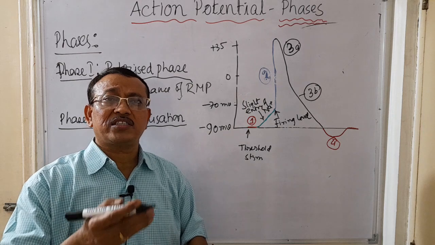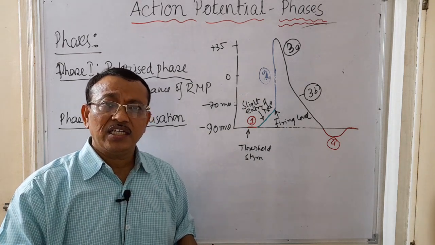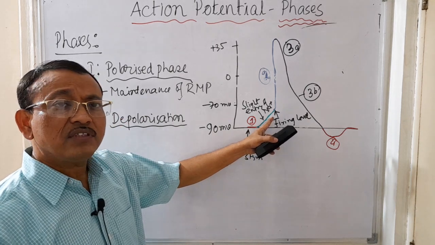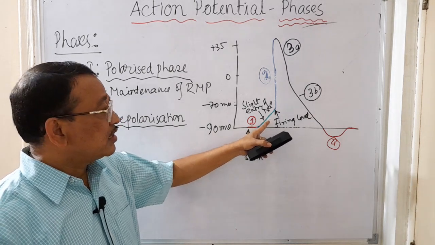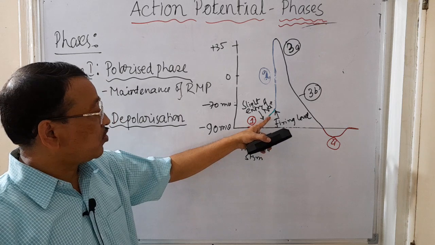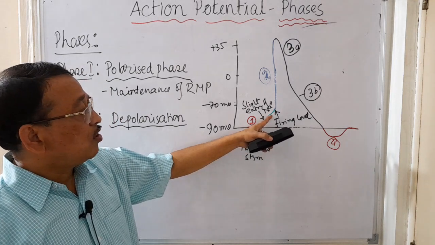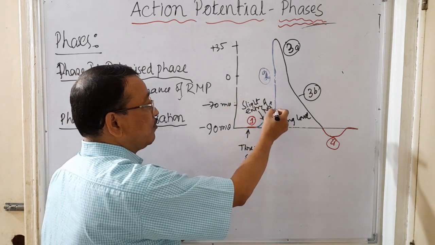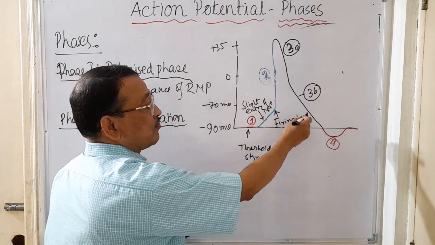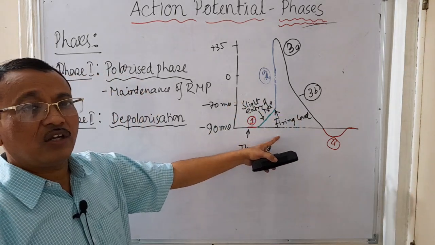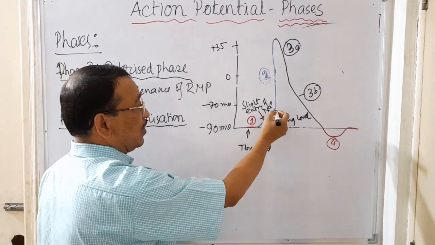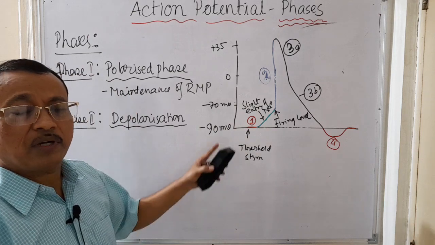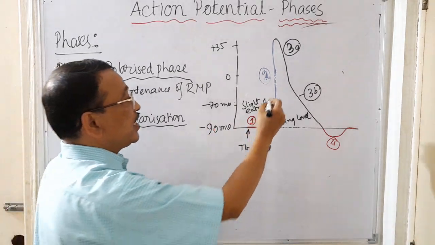As the sodium ion starts entering, there is a gradual fall of the electronegativity, and this gradual fall ultimately reaches a value of minus 70 millivolt, which is known as the firing level or critical level.